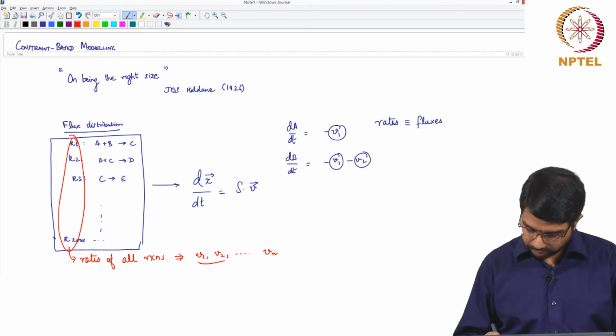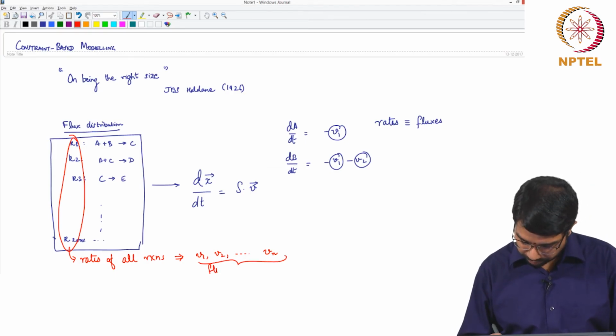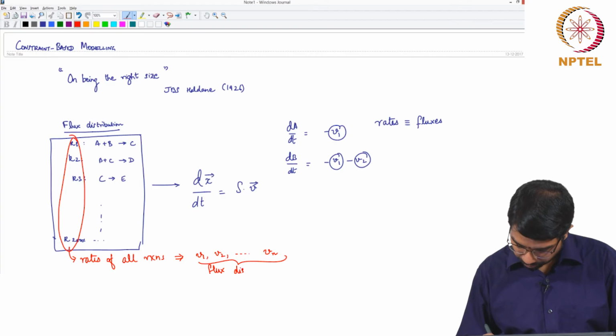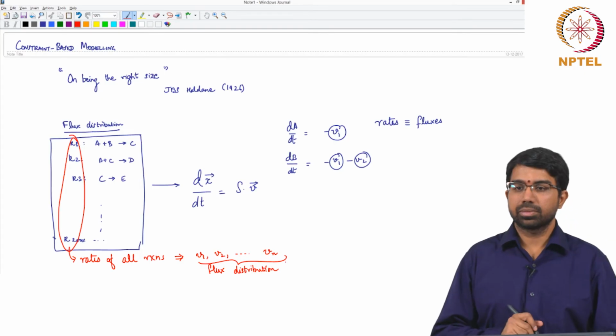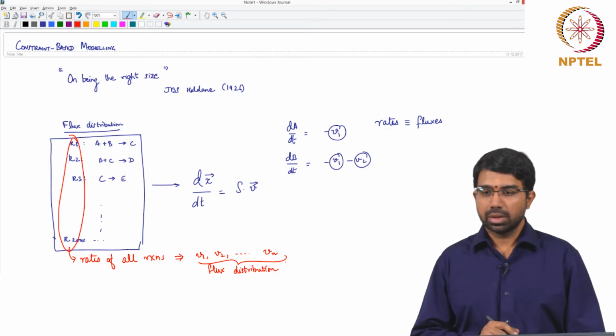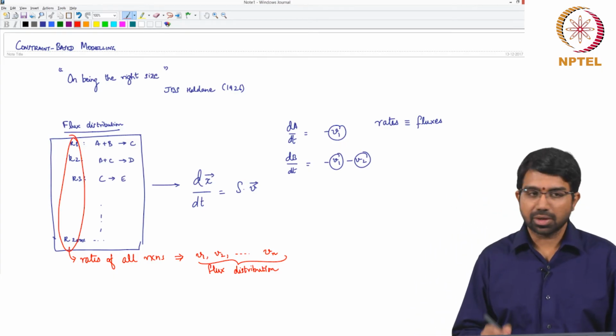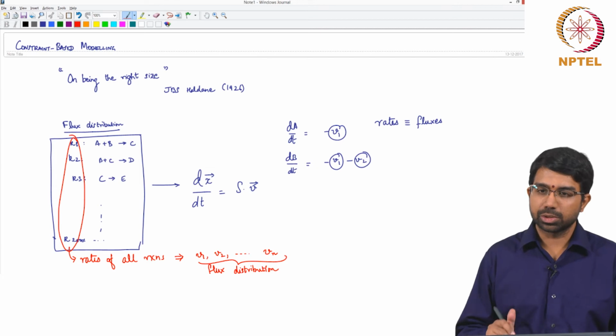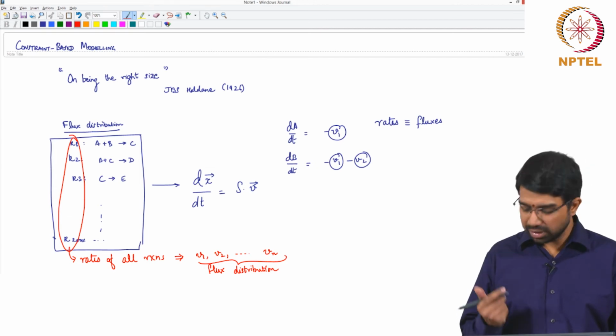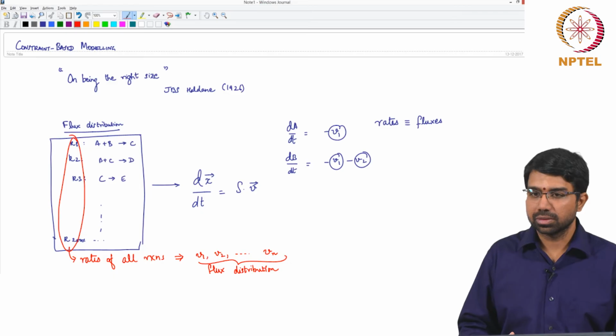This is what we call a flux distribution. So, what are the fluxes of every individual reaction in a network? This essentially specifies the network for us.